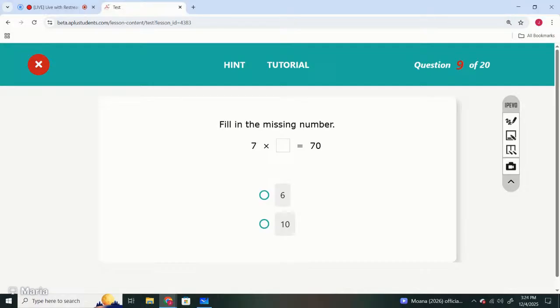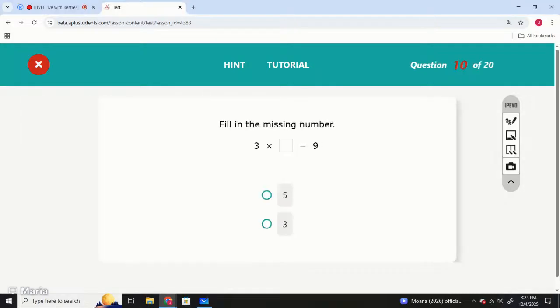Fill in the missing number. 7 times what number is 70? Seven times 10 is 70.